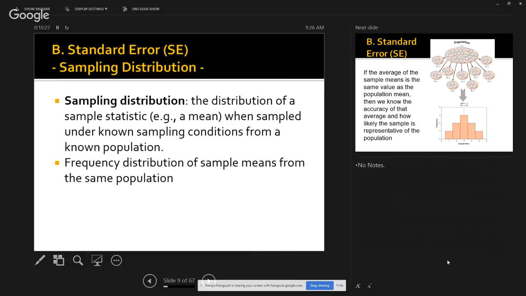But mostly we look at means because it uses the theory called the central limit theorem. So when we have a distribution of a sample, like a mean sampled under known conditions from a known population, when we have that frequency distribution of sample means, it's called the sampling distribution.